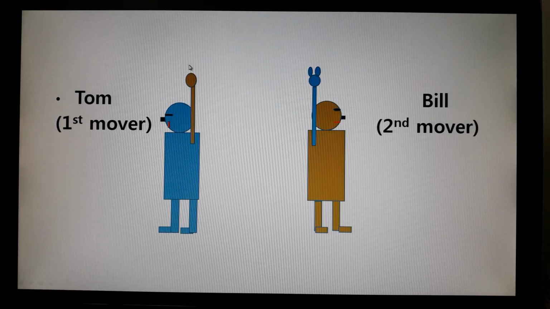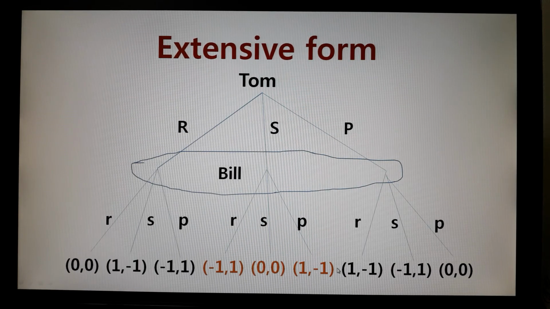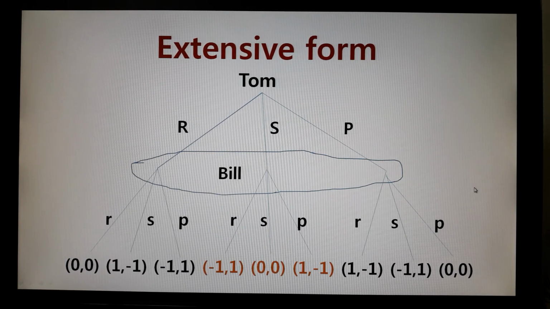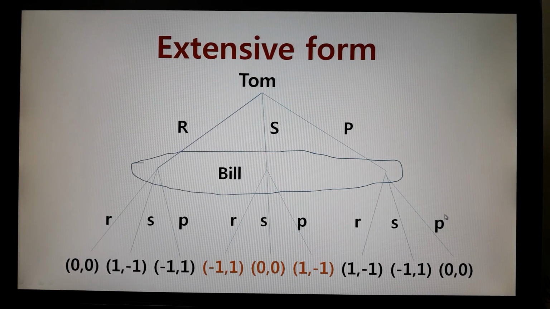So Tom chooses something and Bill chooses something. That is basically what this extensive form is about. Tom chooses something, but Bill is looking at the other side, cannot see what Tom has chosen, and he makes his own choice.